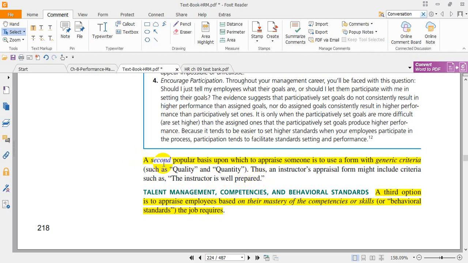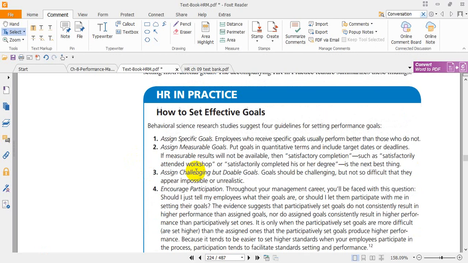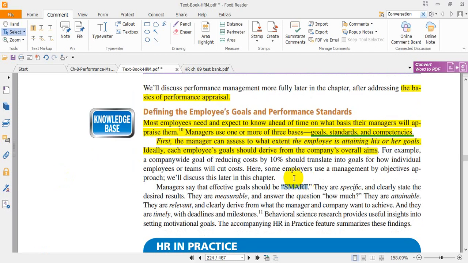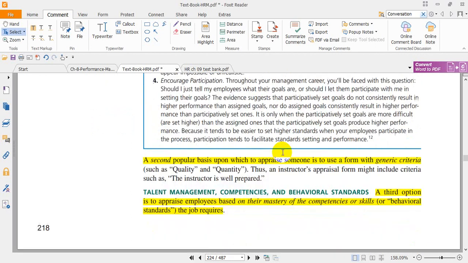So this is a second basis that can be used in performance appraisal, which we indicate here as standards.